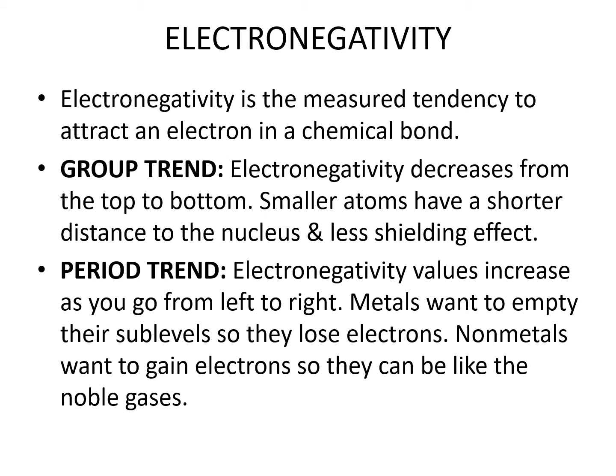And period-wise, electronegativity increases from left to right. Metals want to empty their sublevels, so they lose electrons. Non-metals want to gain electrons, so they can be like the noble gases.